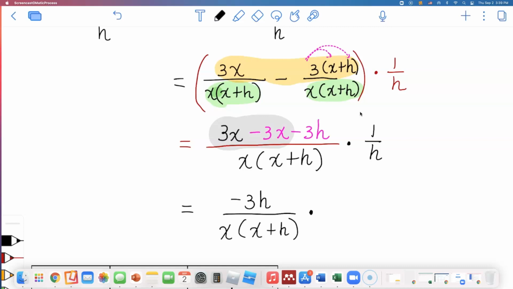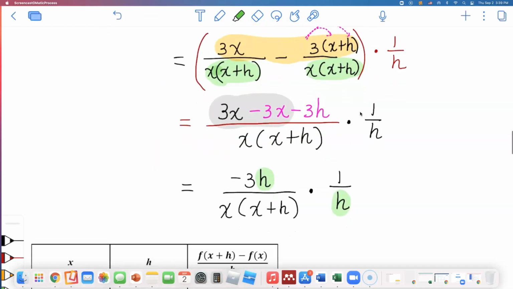Now I'm ready to take out the h because I have an h on top of the fraction and an h in the bottom of the fraction. So here's my final answer. The only thing that's left on top of the fraction is negative 3, negative 3 divided by x times x plus h.